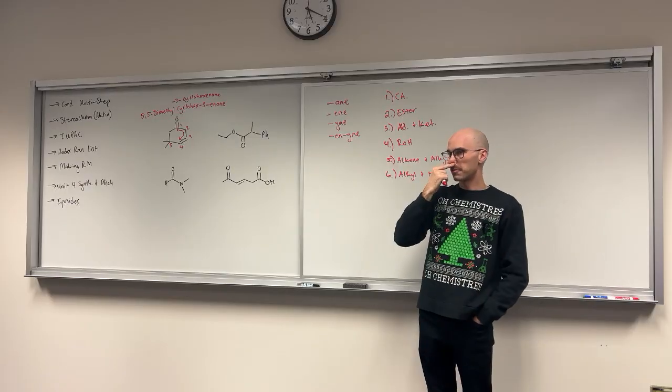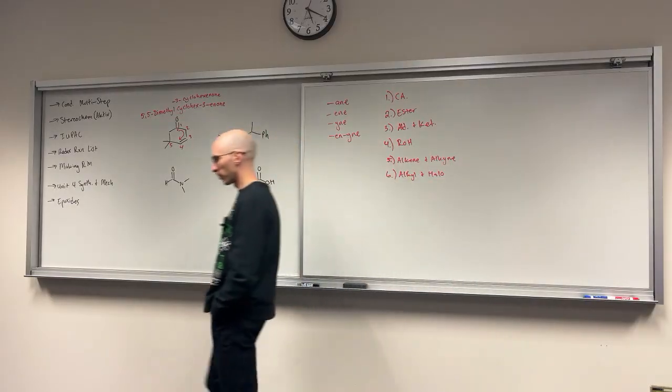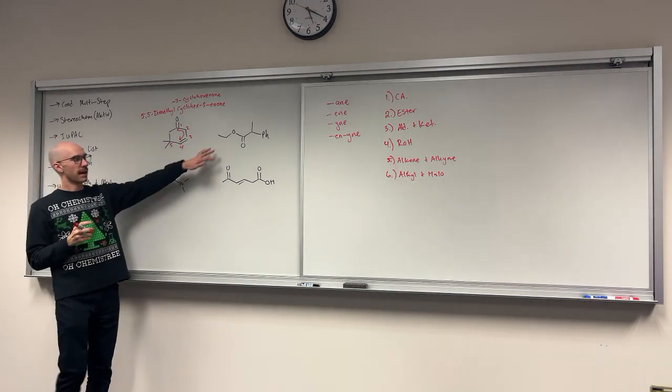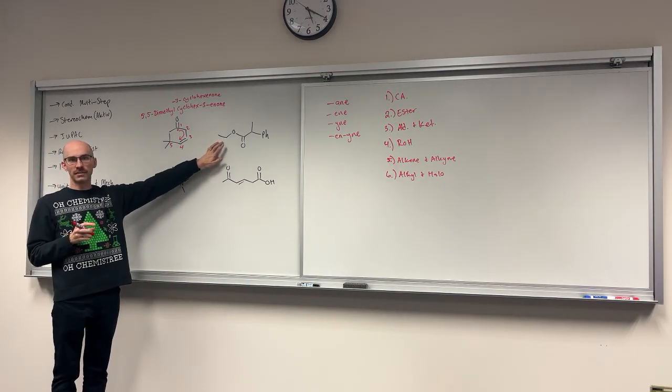The compound to the right, what is the principal functional group? Ester. And what is the longest carbon chain containing the ester? Propyl. Remember that with esters, we name the alkyl ester linkage first.